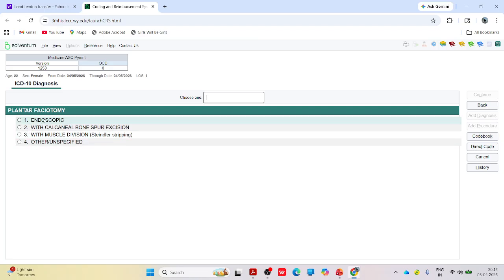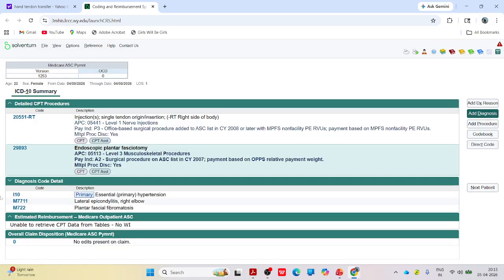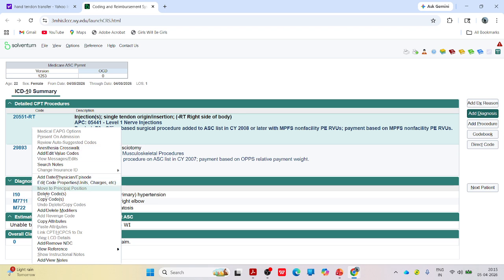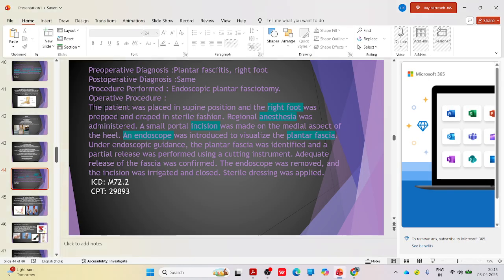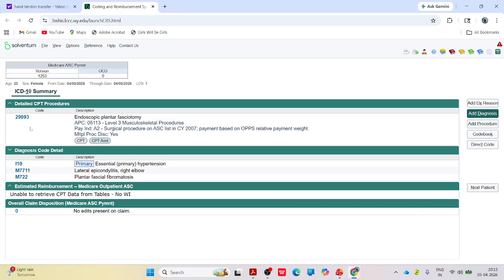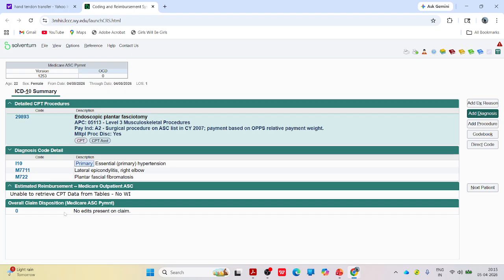Endoscopic fasciotomy is given. So here you can see the first code is endoscopic plantar fasciotomy. It's the right foot, so we'll append the RT modifier. So RT modifier.